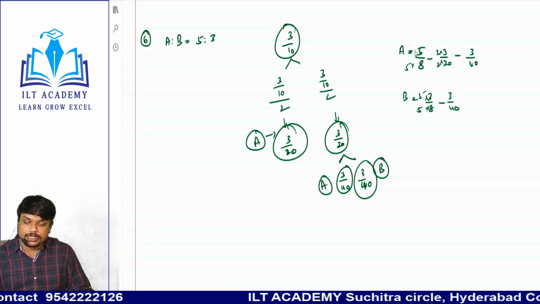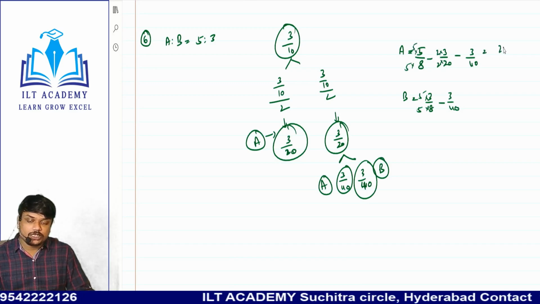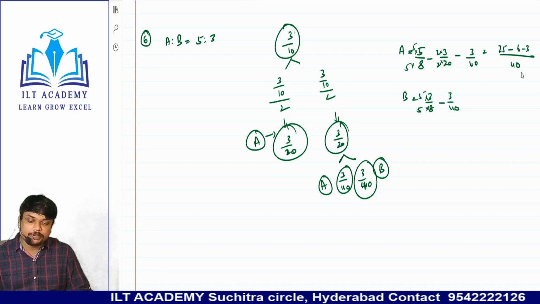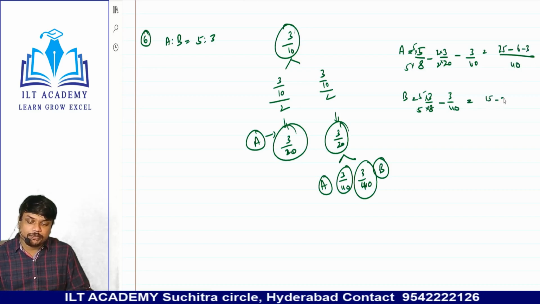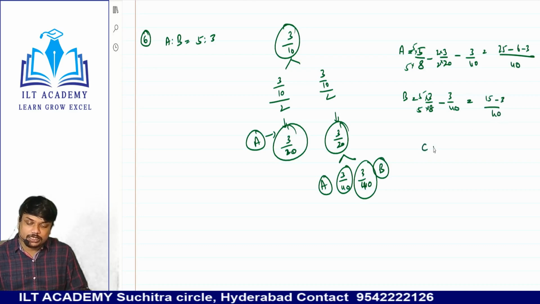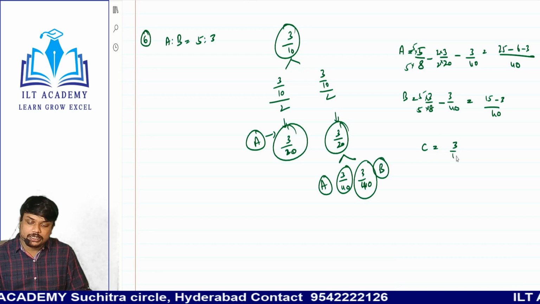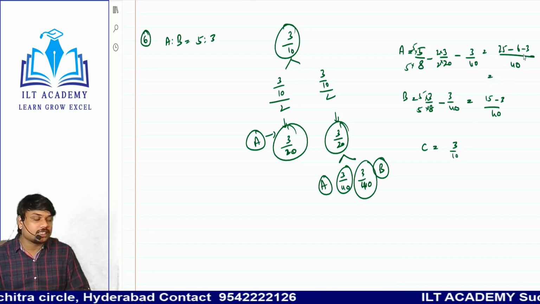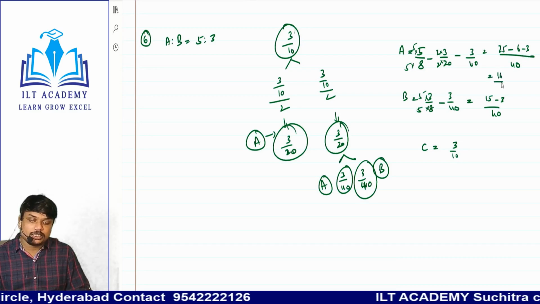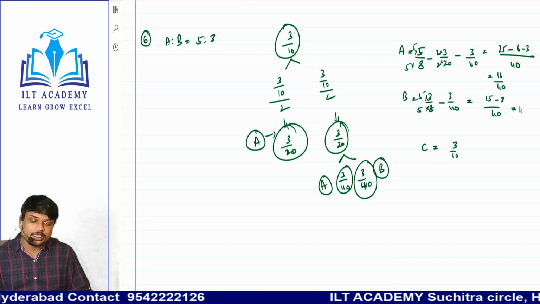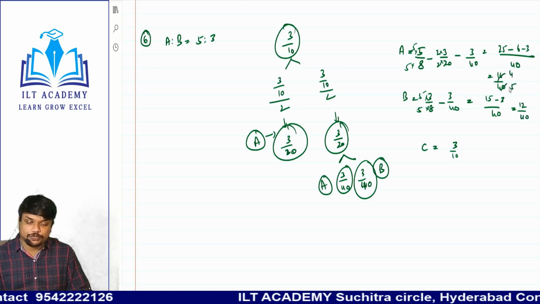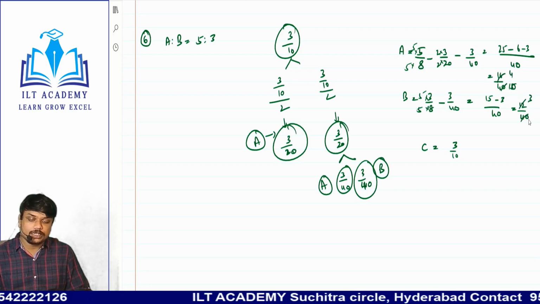This is 25 minus 6 minus 3 divided by 40. This is 15 minus 3 divided by 40. C got 3/10. Clear? So first let us do this once. 25 minus 6 minus 3 is 16/40. And this is 12/40. 4 4s are 4 10s are 4 3s are 4 10s are.